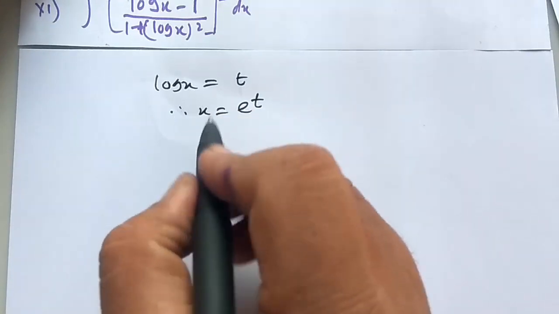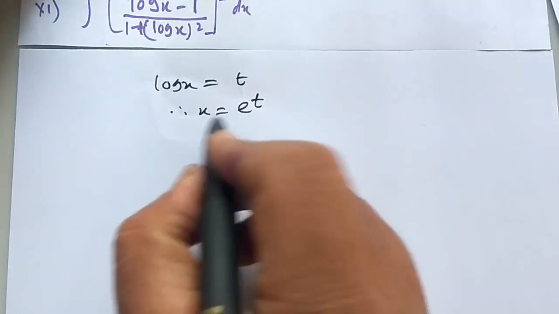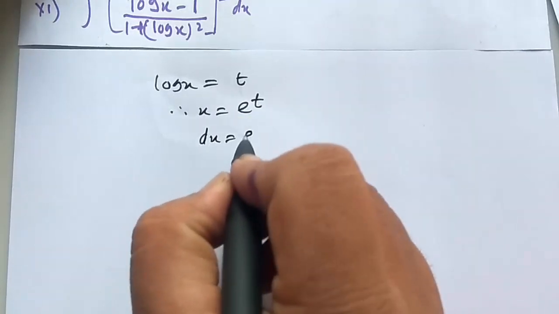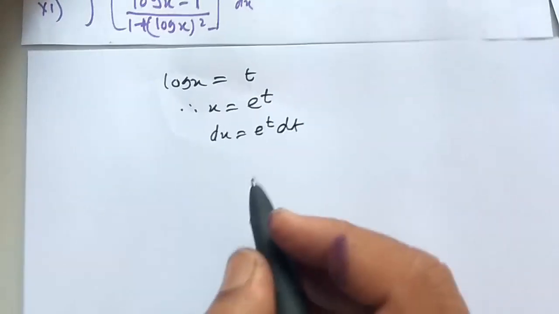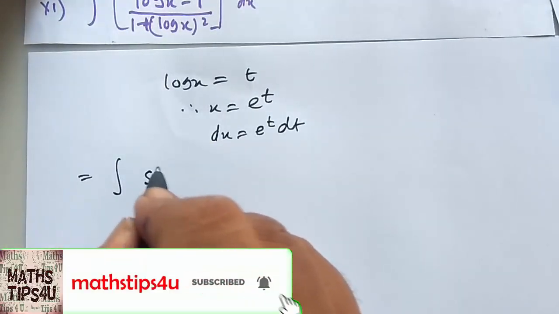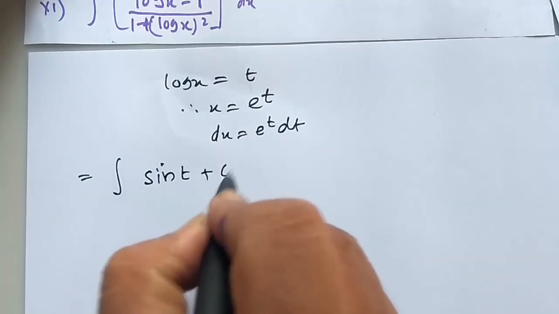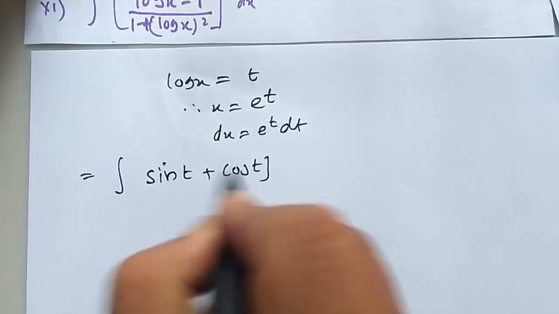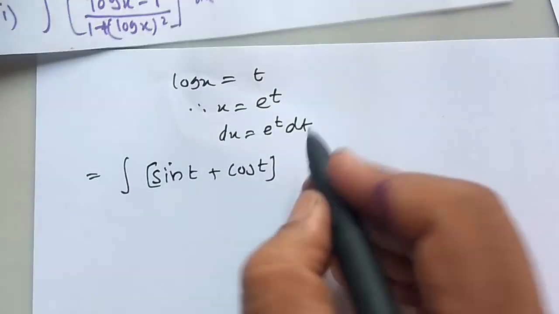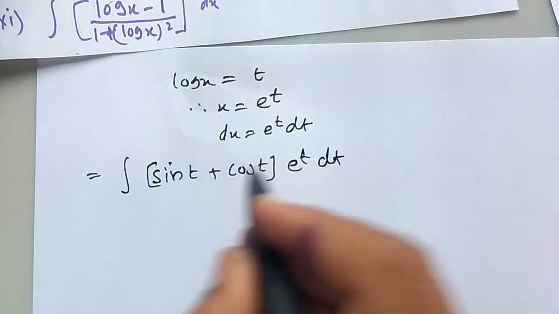Differentiating with respect to t, we get dx is equal to e raised to t dt, and therefore the given example reduces to sine of t plus cos of t, dx is replaced with e raised to t dt.